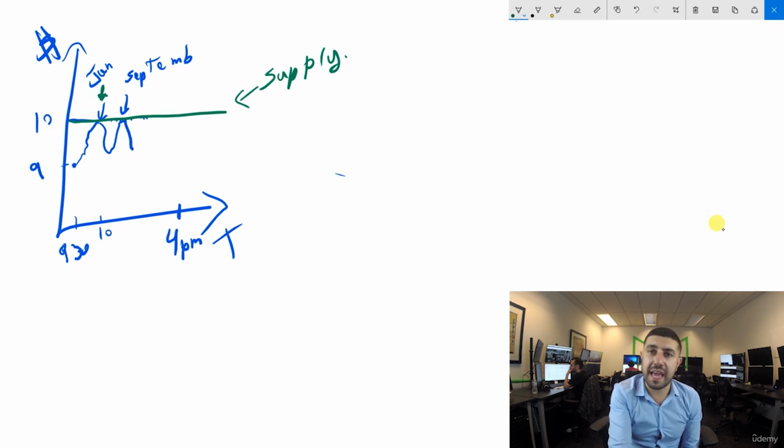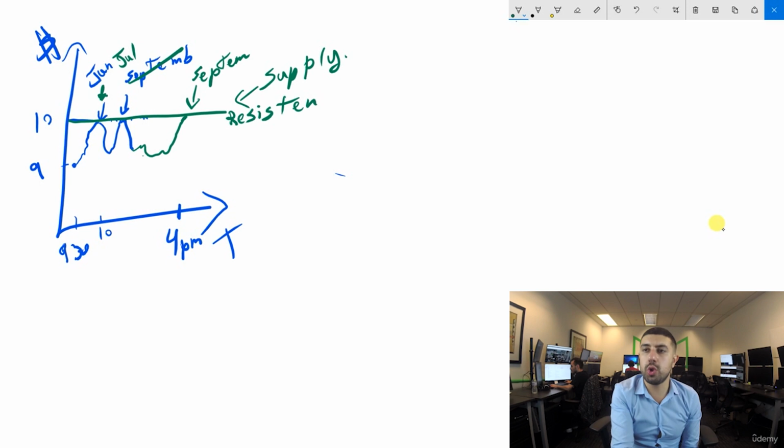If it has a double top, maybe June, July, let's say this is July, and then September is here, a few months later, the stock fluctuates and it comes back and tests this level. Do we expect that this resistance to hold?